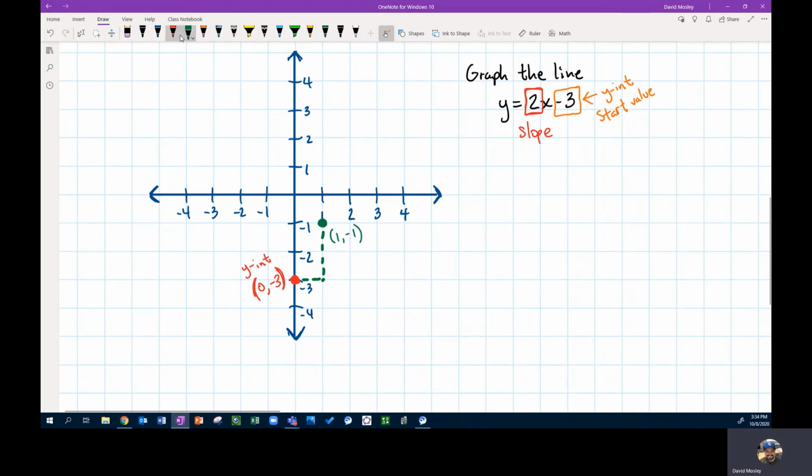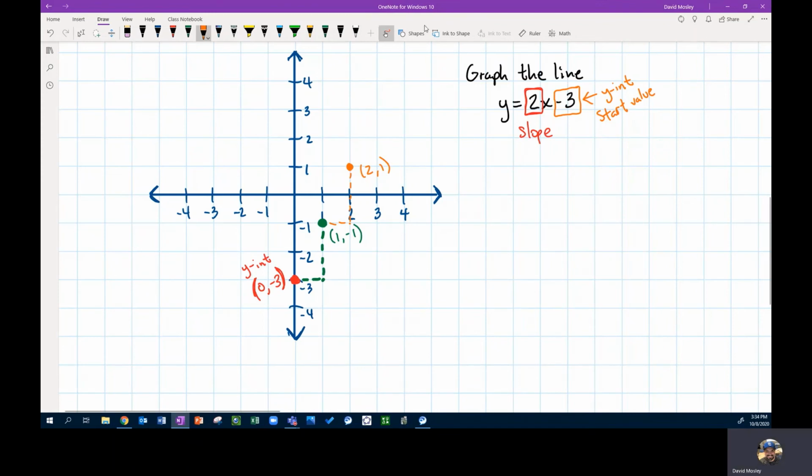I can then get another point, which means I'll go to the right 1, up 2 units, which will land me right here, at a coordinate of (2, 1). I have enough points to graph this line now. I just need to draw it through my points.